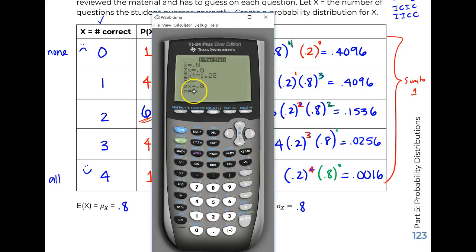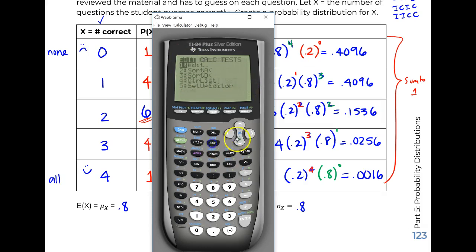And as I was saying, you can double check that this is right by looking at that n equal to 1. If you had forgotten to do L1 and L2, so if I had done my one var stats but I hadn't entered in L2 here, you can see n is 5, and we're getting out a mean and standard deviation that don't make sense.